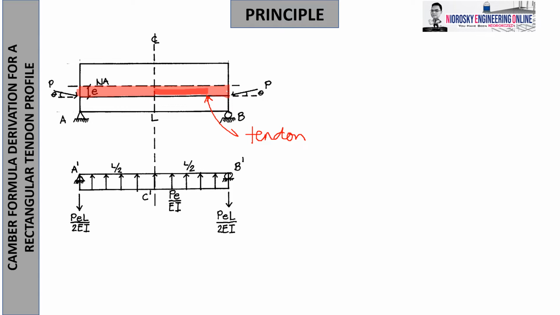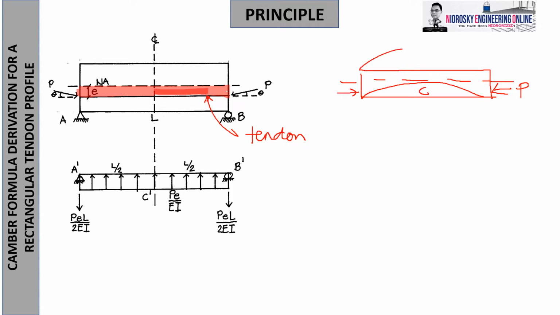So, when a force is applied below the neutral axis as compression, as I already discussed, it will produce compression at the bottom and tension at the top. That is why its deflection goes up. Okay? So now, if you take a look, here is our tendon, and this is the region effective for the concrete. That is what I shaded violet, which will act as a fictitious load. It will lift our concrete beam.